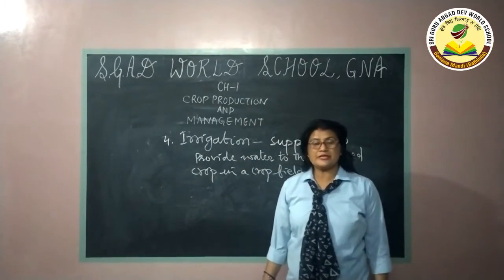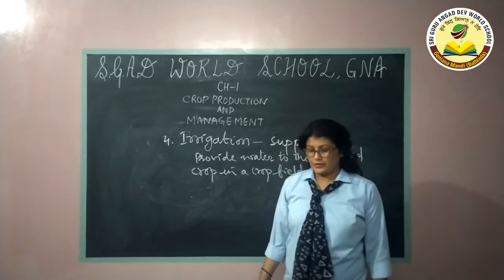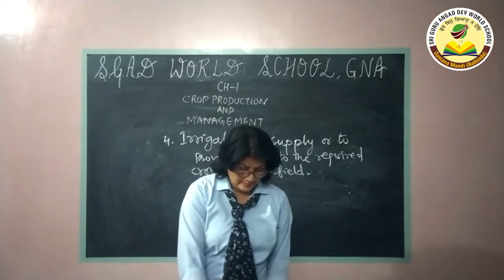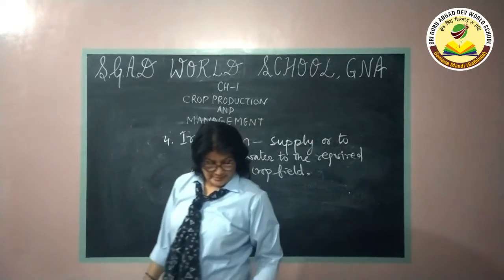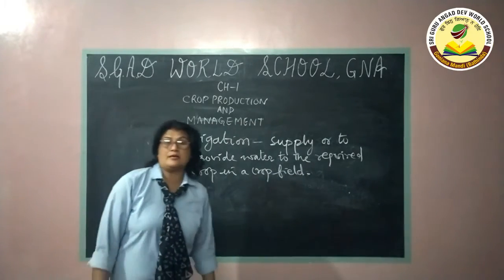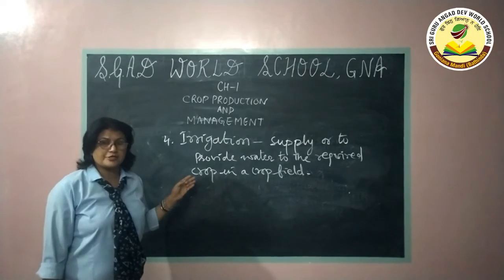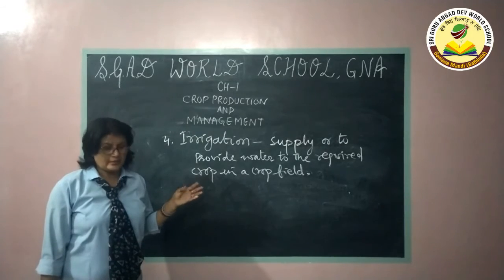Some were traditional ways, and now we are also using some modern ways. In traditional ways, there were types like moat, chain pump, dekli and rahat.